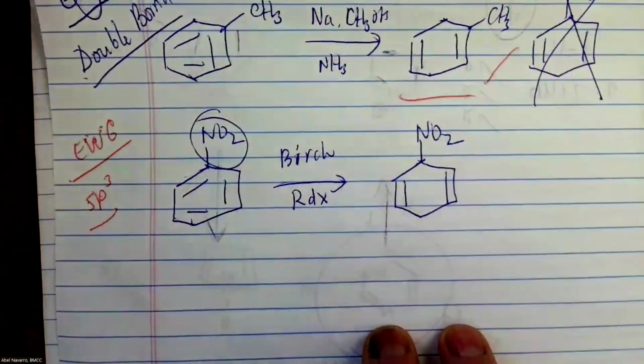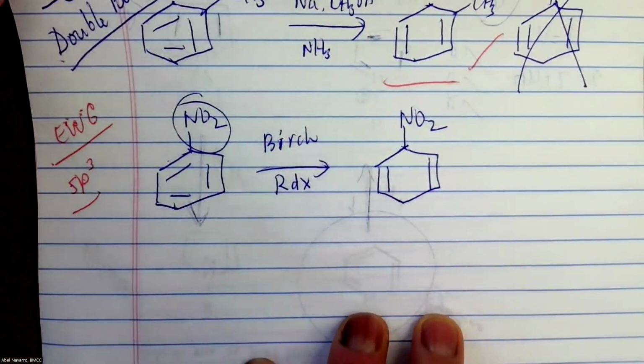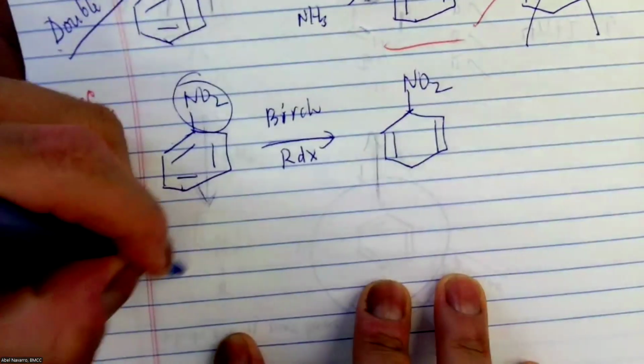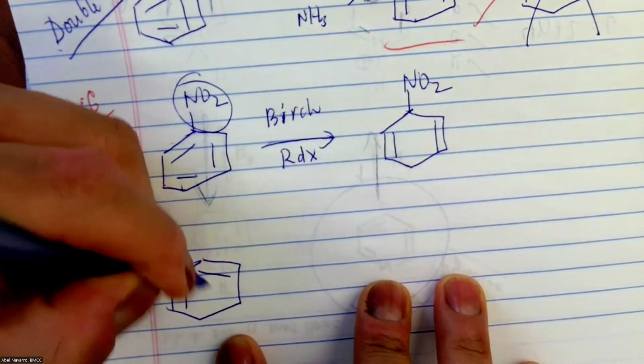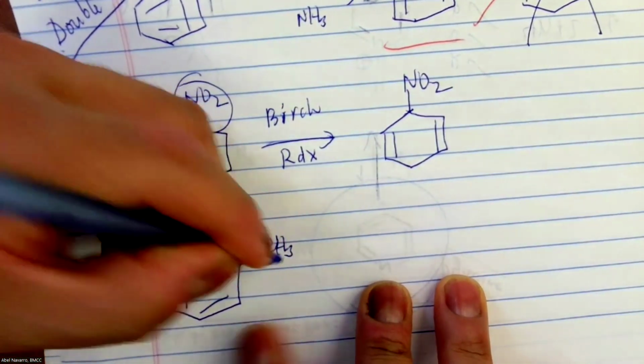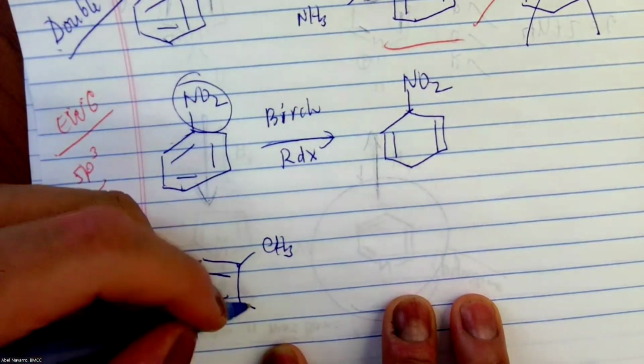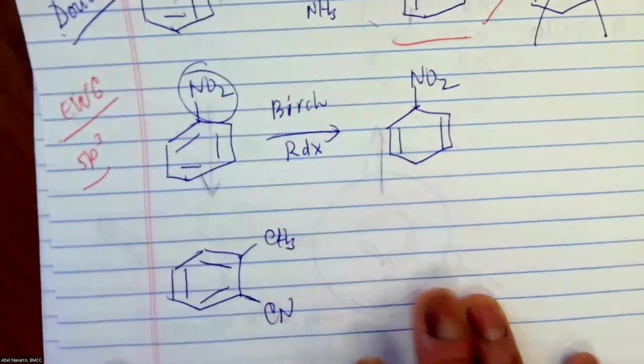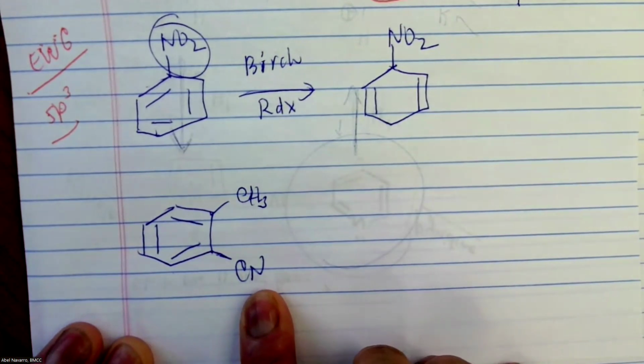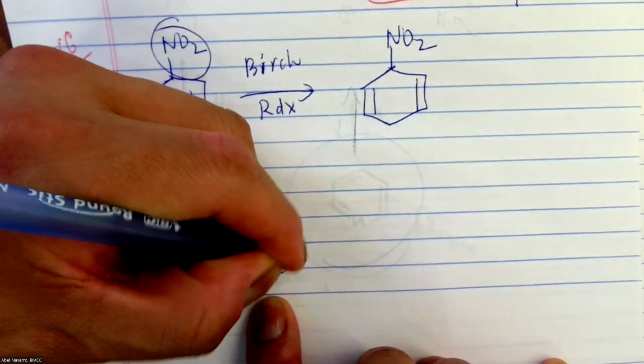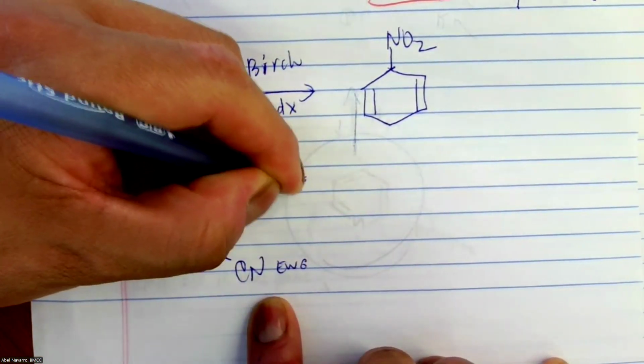What if you have, because I know that you're going to ask me, Professor, what if I have two groups there? Let's say that I have a methyl and I have a cyano. Cyano is an electron withdrawing group. Methyl is an electron donating group. Well, you draw your product with double bonds.